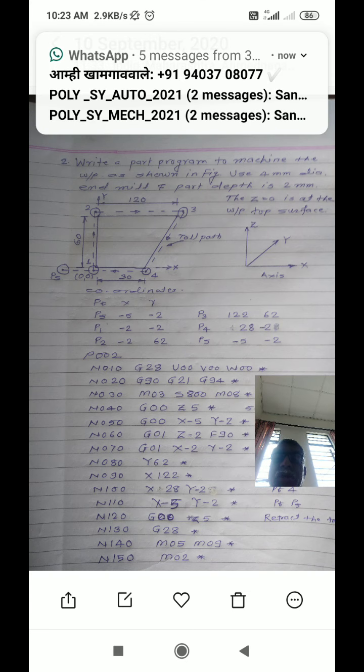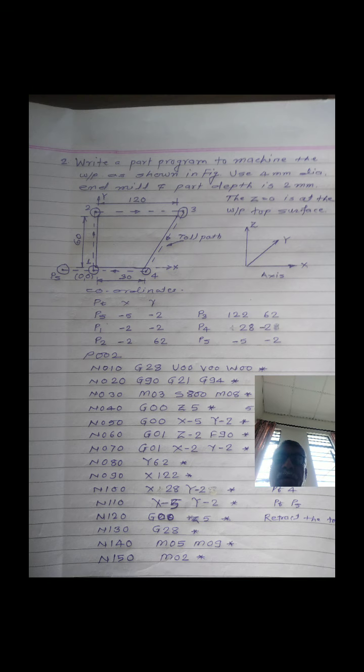After finding the coordinates, you have to write the part program. Do you understand how to find the coordinates? Then write the part program as usual. First, give the program number P002. The first block is N010, G28, U0, V0, W0, end of the block, that is the tool home position.